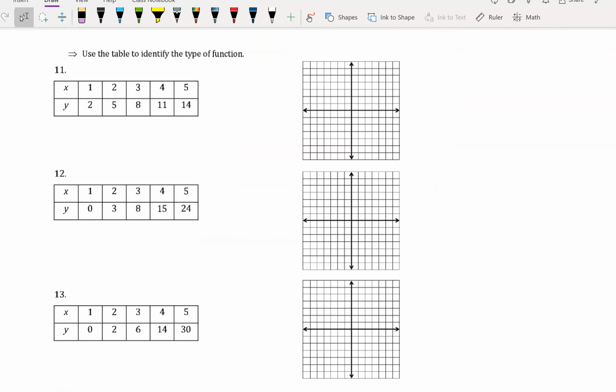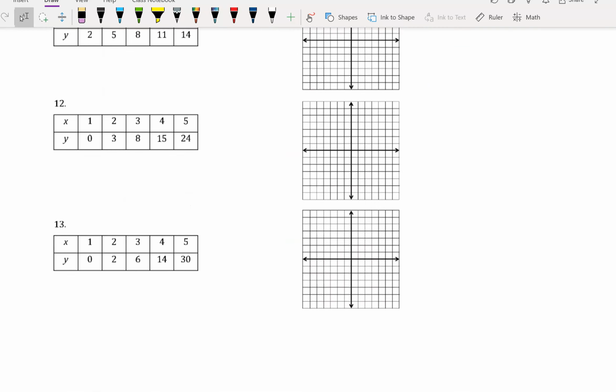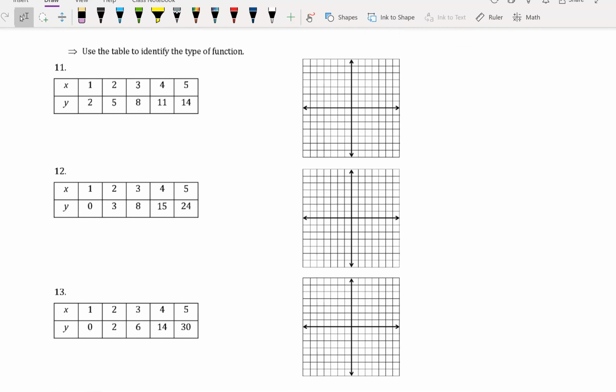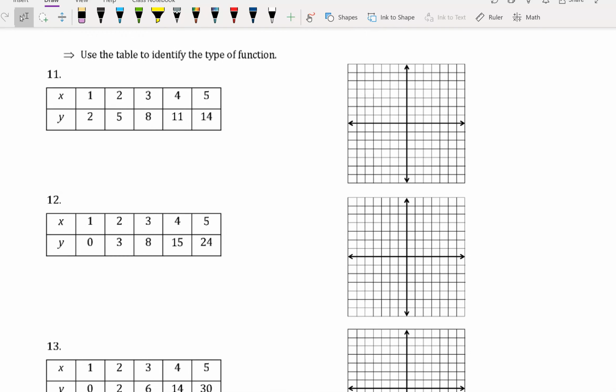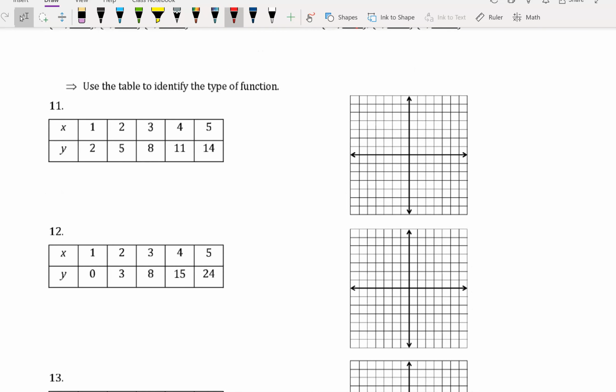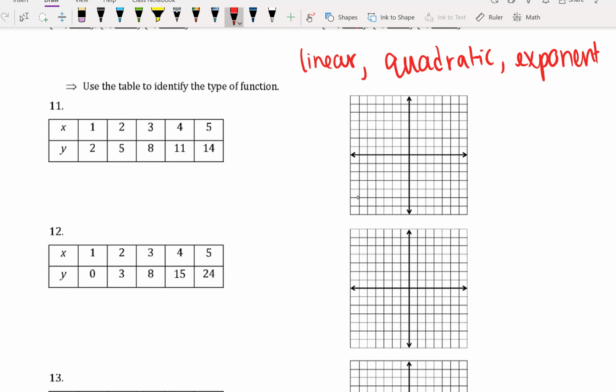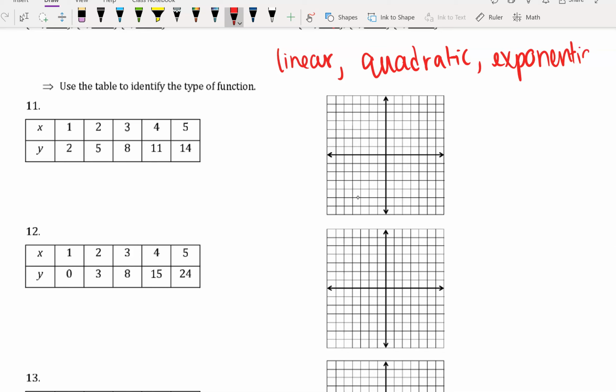All right, lastly, we are going to identify what type of graph we have here, and I'm going to talk about a few little tricks to identify the type of function. So we're going to be choosing between linear functions, quadratic functions, and exponential functions, because those are the types of functions we've done so far this year.